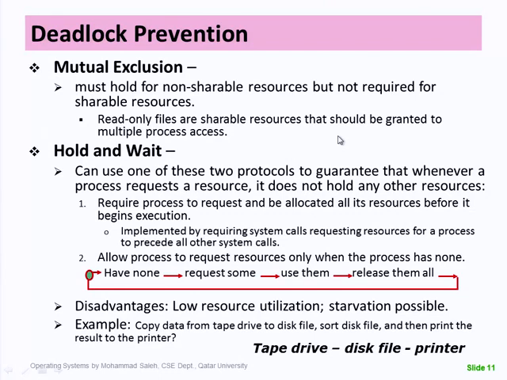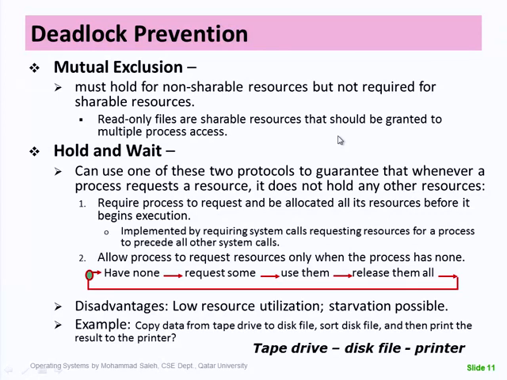The first one says the process must gain all of its resources, must have them allocated prior to its execution. So it will never ask for additional resources, right? It will not wait because it has all at once. At the beginning, it has none. It requests all, has them all, and uses them, okay, until finished.